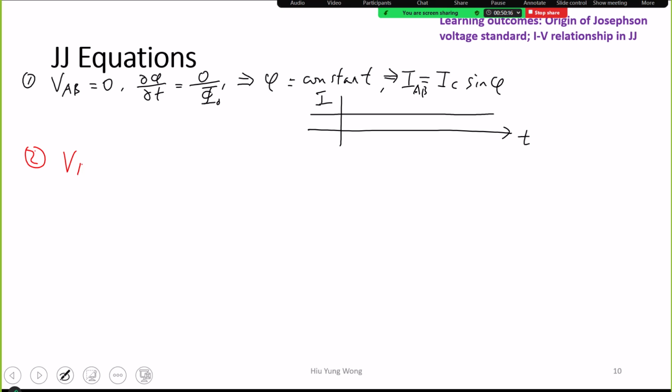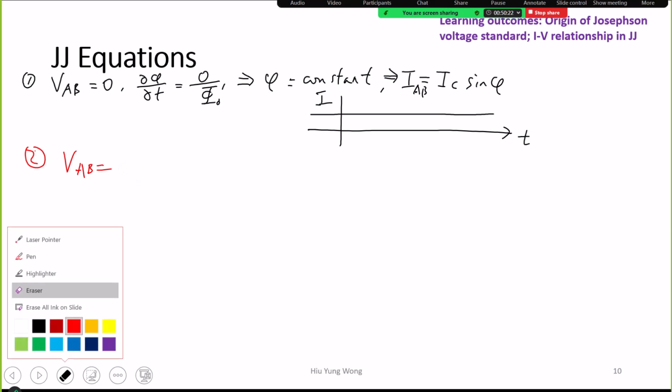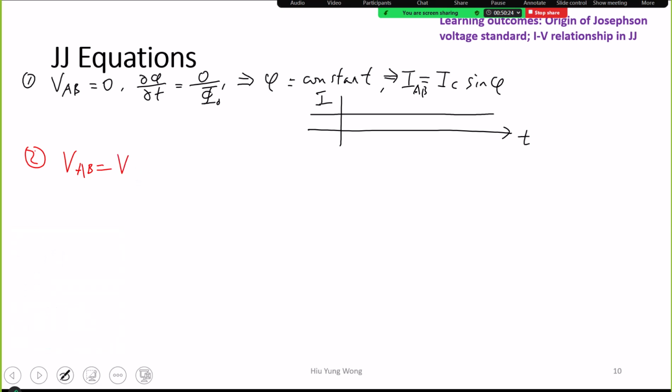What if V_AB equals a constant? Let me just call it V0, a constant. Then we go through the equation. Partial phi, partial t equals V0 divided by phi naught dash. Then it means phi equals, you need to do integration on it, right?